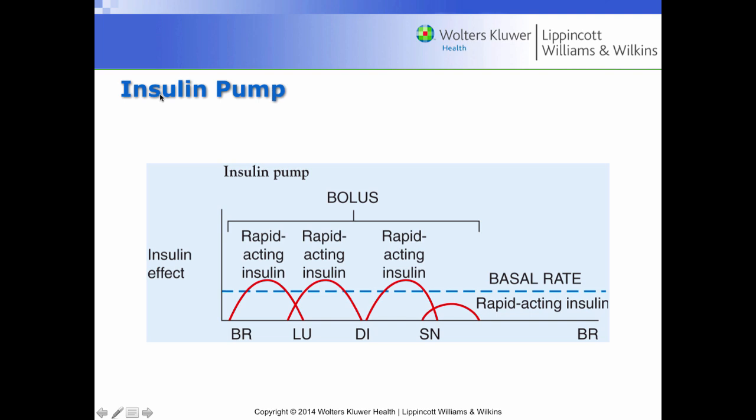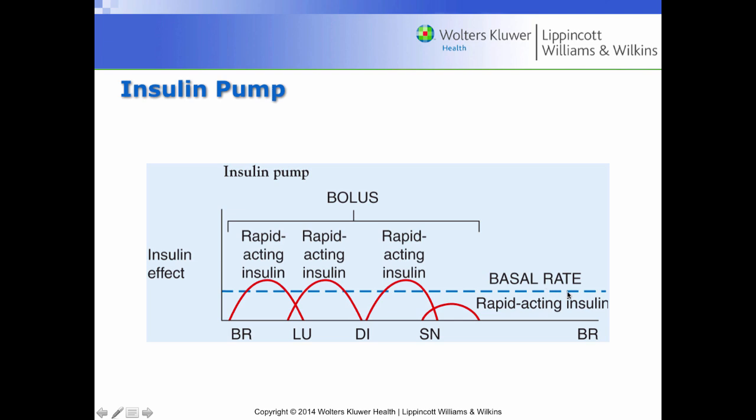Alternatively, you have patients, especially type 1 diabetics, who actually require a much more constant infusion of insulin. So they use insulin pumps. Now, the insulin pumps normally deliver a baseline, constant level of insulin, right?